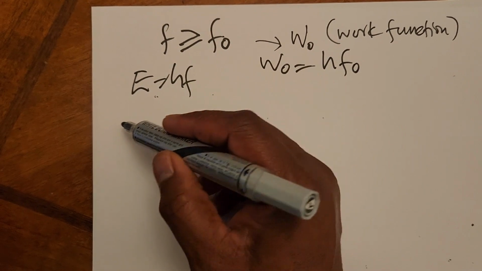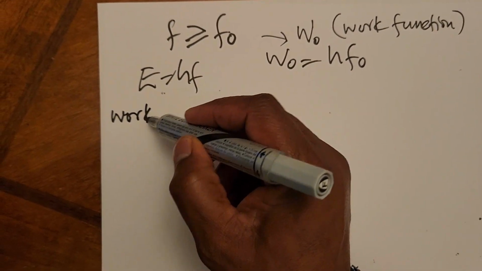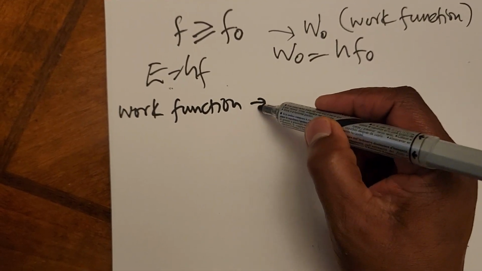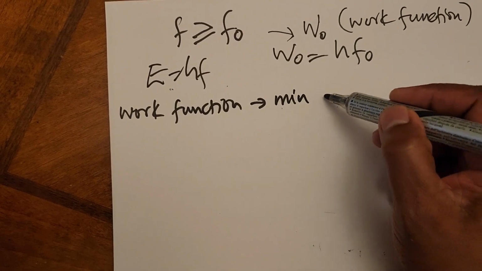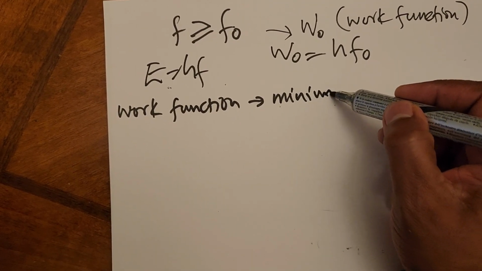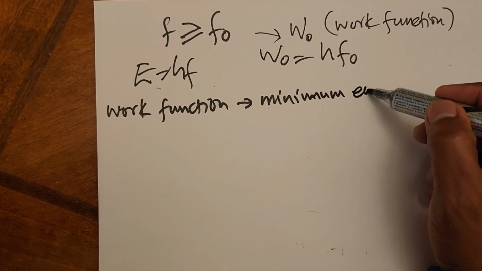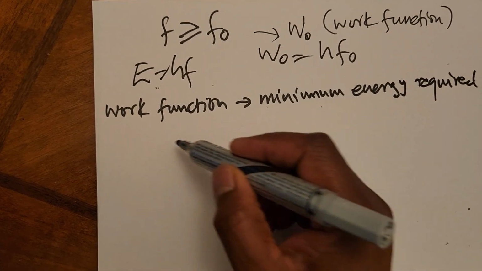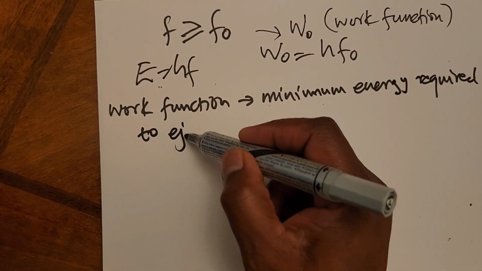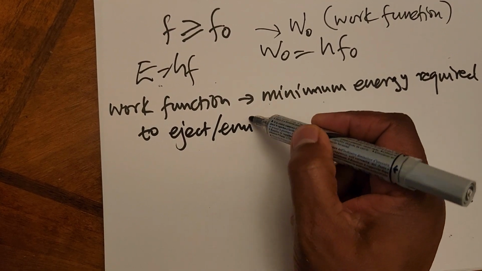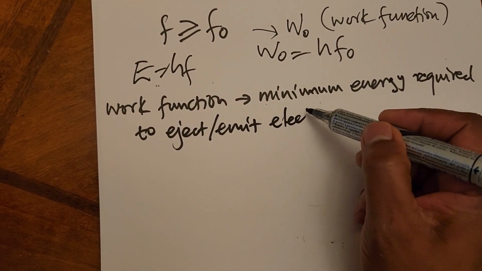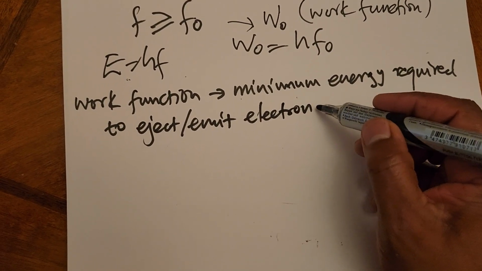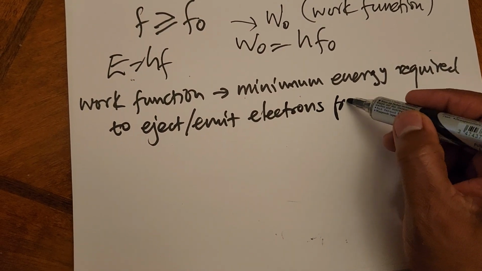Therefore, what is a work function? By definition, the work function is defined as the minimum energy required to eject or emit electrons, sometimes called photoelectrons because of light, from the metal surface.